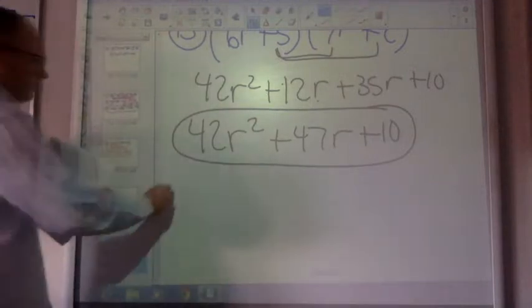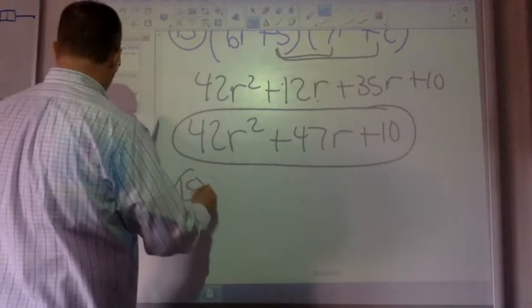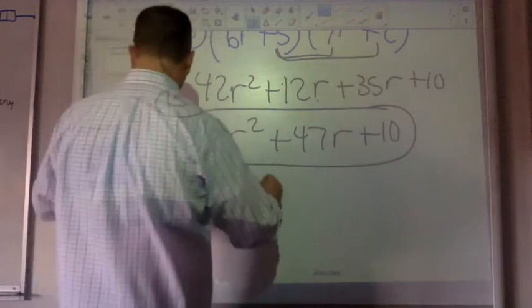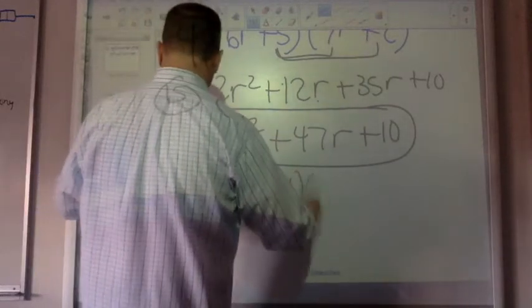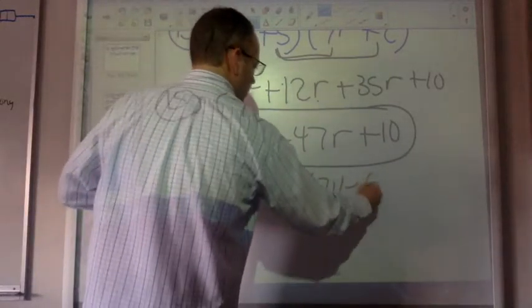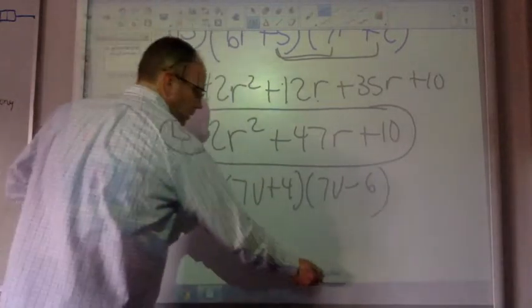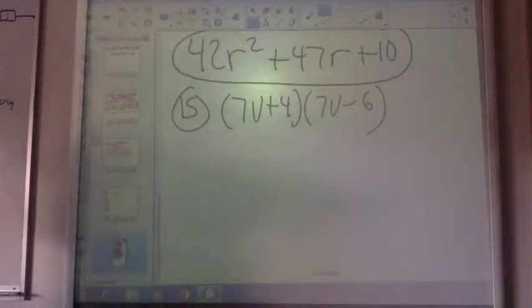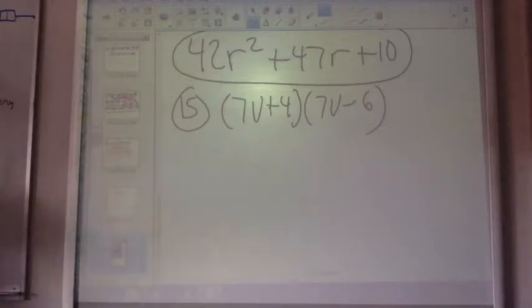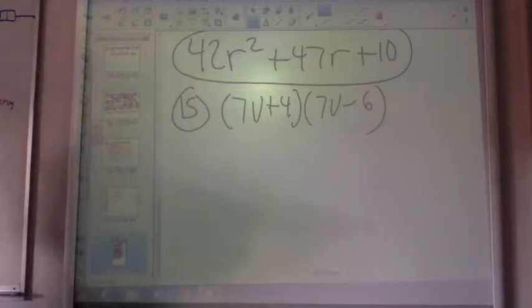Okay. 15, we're right here. Keep building upon our page. Single or double or triple distribution on this one? Double, because I'm going to do the 7v and I'm going to do the 4. Correct?